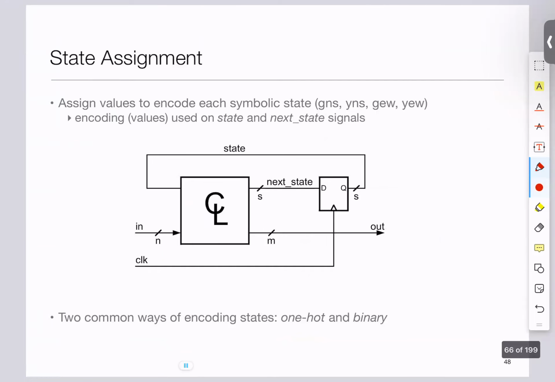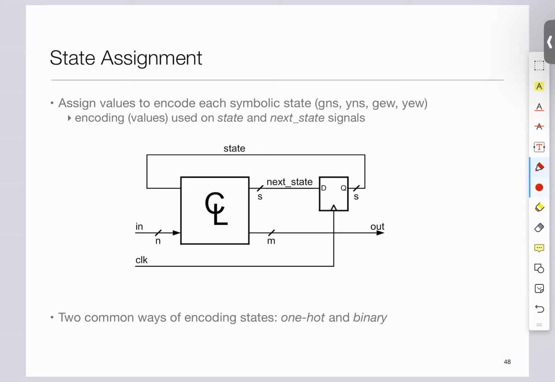But before I do that, I have to figure out how do I represent those states in terms of bits. This problem is called state assignment. All I know is I have 4 states, and therefore I need at least 2 bits, but nothing about the problem yet tells me what bits to give to what states. So this encoding is a very important choice.